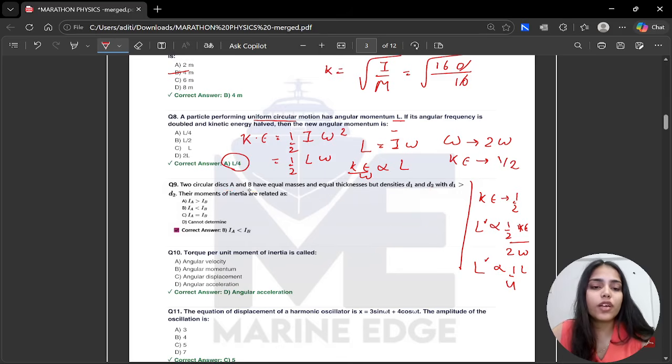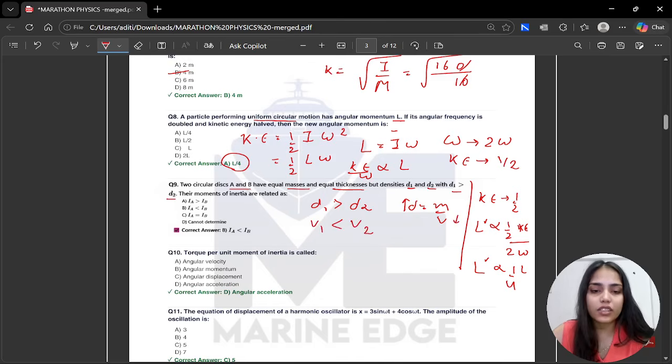Now, moving forward, we have two circular discs A and B having equal masses and equal thickness, but density D1 and D2 are different of the two objects, okay? And D1 is greater than D2. Now, if D1 is greater than D2, in that case, what will happen? We know that density is equals to mass per unit volume. So, if density is high, volume will be low. So, V1 will be less than V2, correct?